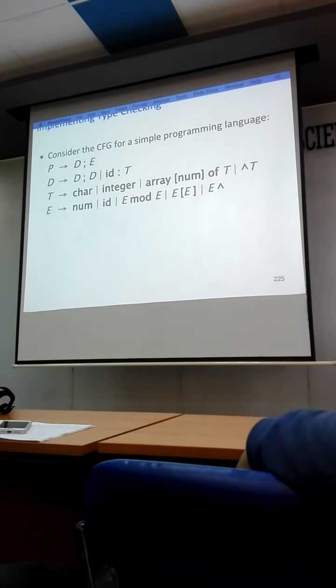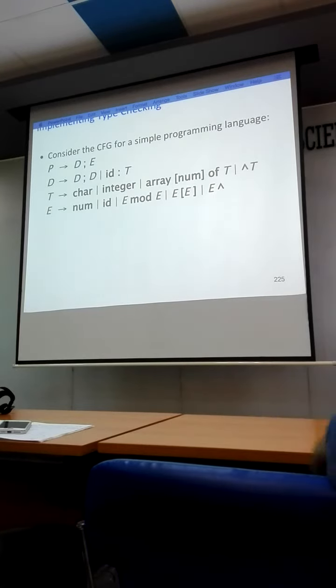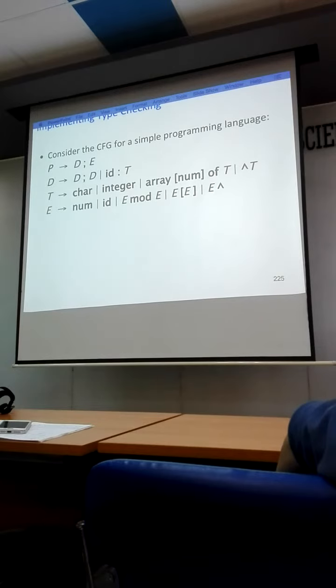But you know, we do not focus on the correctness of grammatical rules in this lecture, for simplicity, for clarity of vision. Right now, we concentrate only on the design of SDT for implementing type checking.